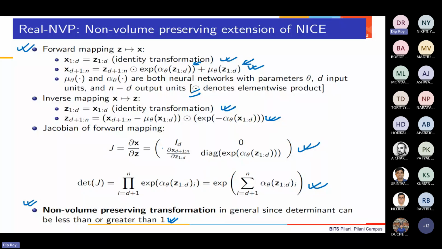The only thing that we get is a slightly complicated structure, but from the previous discussion, we are not bothered about this. We are only bothered about this, because we are going to take the product. And if you take the product, your determinant becomes this particular thing, and you achieve invertibility using this version of the NVP.